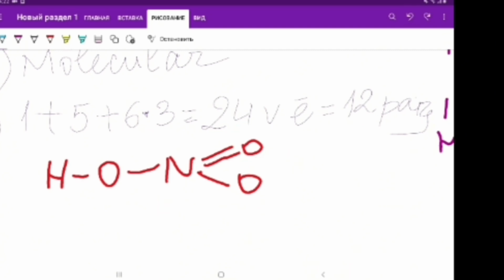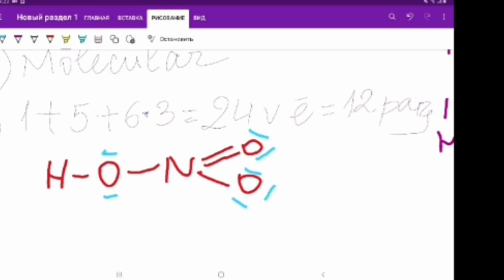Octet rule is not followed. We need to add 2 more pairs to follow the octet rule. The second oxygen has only 1 bonding, 1 pair. 3 pairs are missing to complete the octet. For nitrogen it's 4. For this oxygen we also need to add 2 pairs to complete the octet.